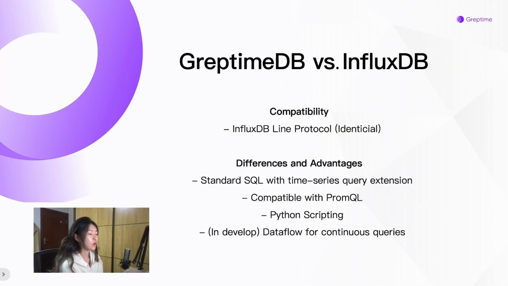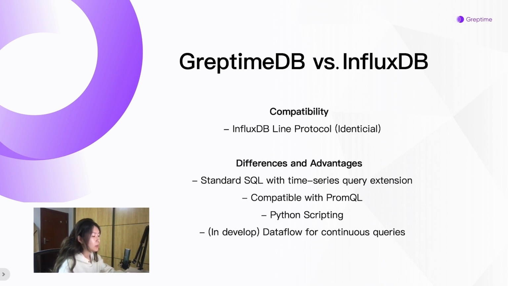Okay, so that's all for the demo. As you can see, GreptimeDB is fully compatible with InfluxDB's line protocol. Actually, both are written in Rust, and GreptimeDB reuses the open source InfluxDB line protocol library to parse data, so it would behave identically. But GreptimeDB doesn't support InfluxDB's query language or the Flux data scripting language.